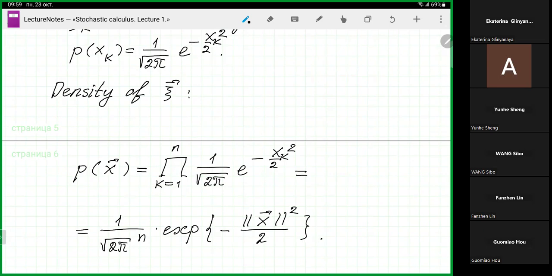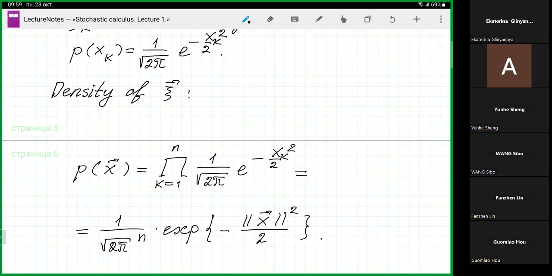This is the Euclidean norm squared, which is exactly the sum of squares of coordinates. So you see here exactly the property that the density of our standard Gaussian vector is invariant under rotation.